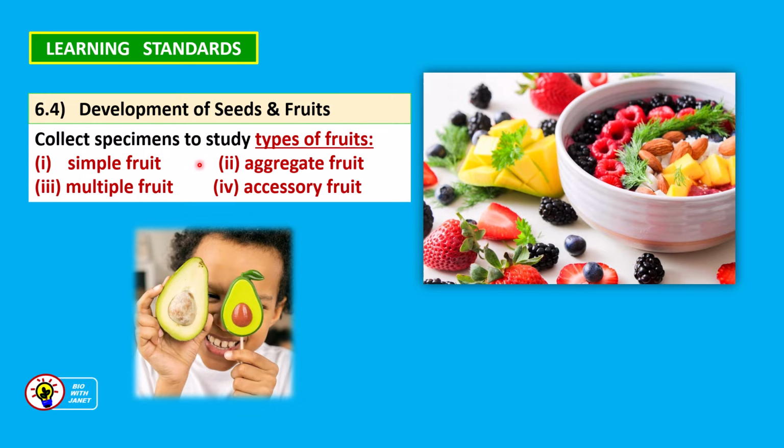You should be able to collect specimens of fruits to study the 4 different types of fruits. These are the simple fruit, the aggregate fruit, the multiple fruit, and the accessory fruit. Apart from that, we should be able to know the characteristics of each type of fruit and what are the differences between the different types of fruits.